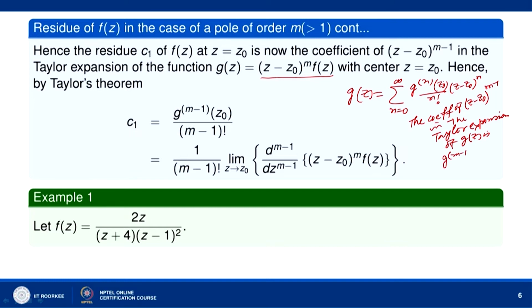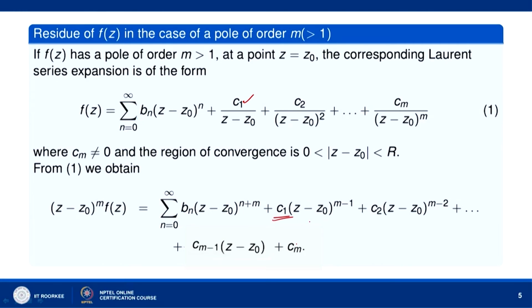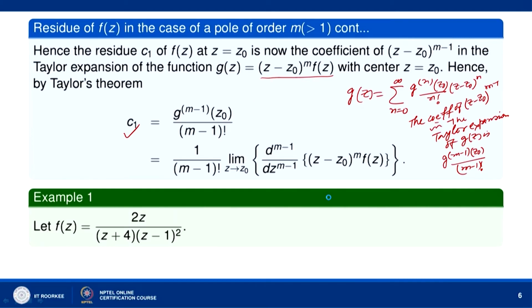You put n equal to m minus 1. So, this C1, the coefficient of (z minus z naught) to the power m minus 1, is g^(m minus 1)(z naught) over (m minus 1) factorial. So, we get 1 over (m minus 1) factorial.